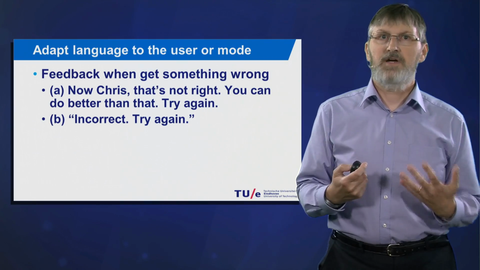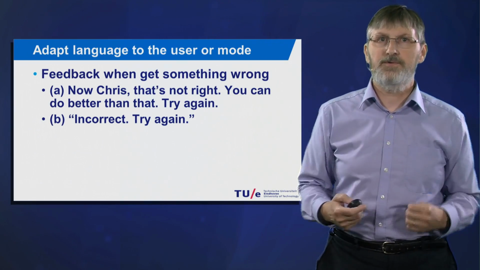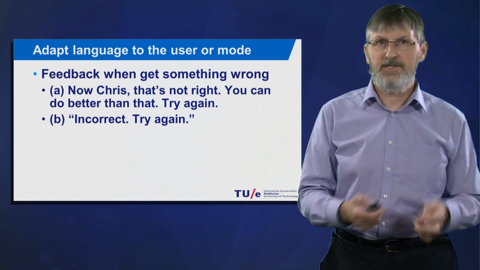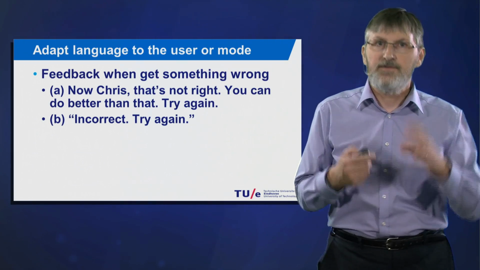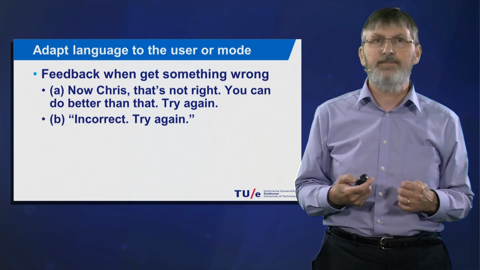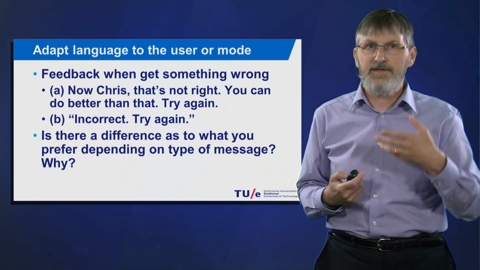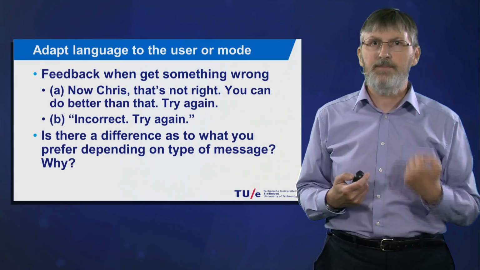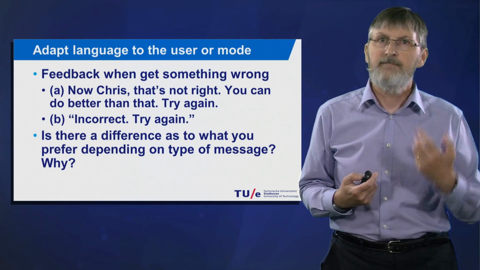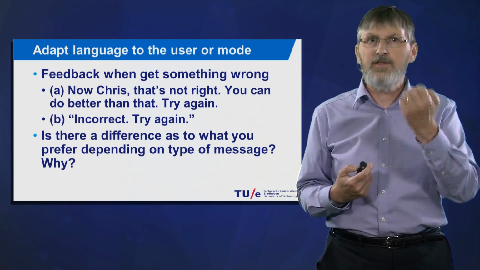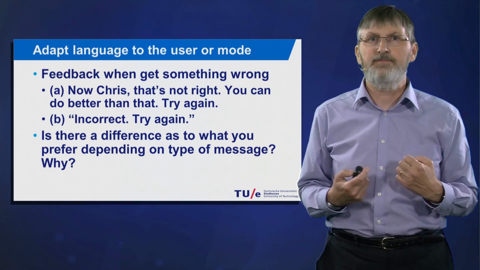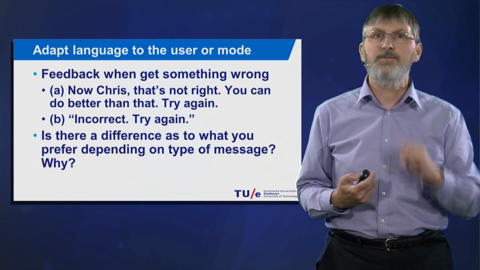If adults are trying to learn to use a system, we are happy to see "incorrect, try again." So the wording should really be adapted to the situation. There is a difference in how you would perceive the system depending on this type of message. And you can think of why you would prefer which type of message under which circumstance.